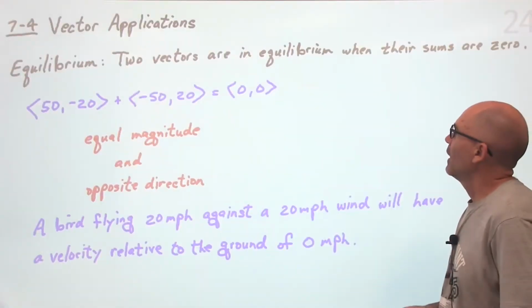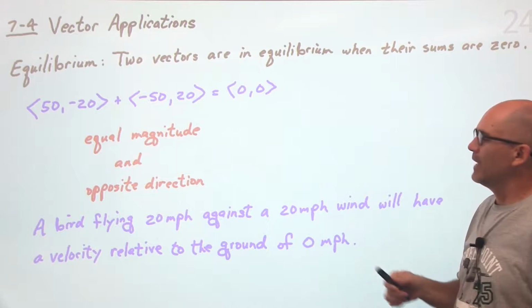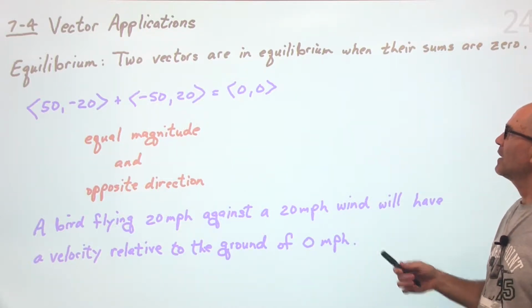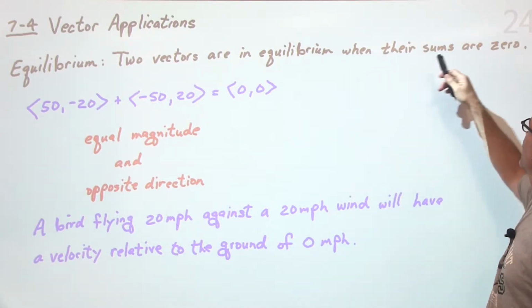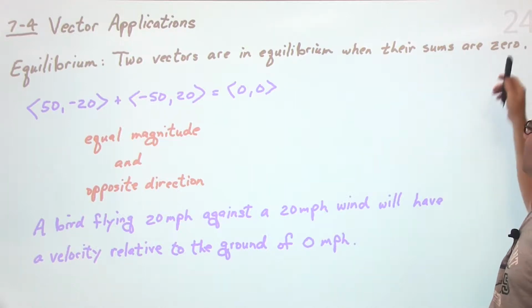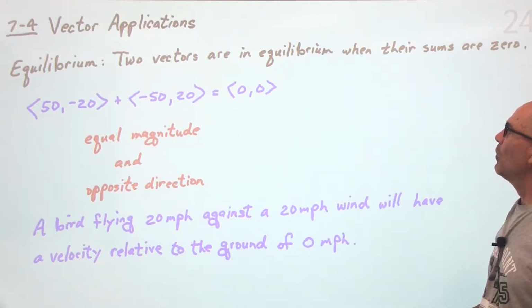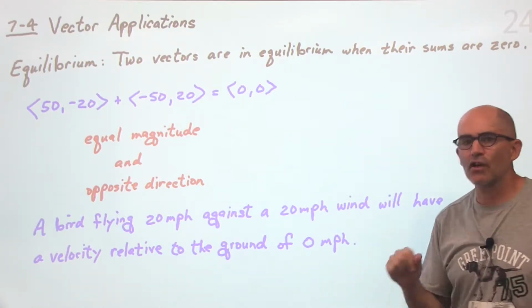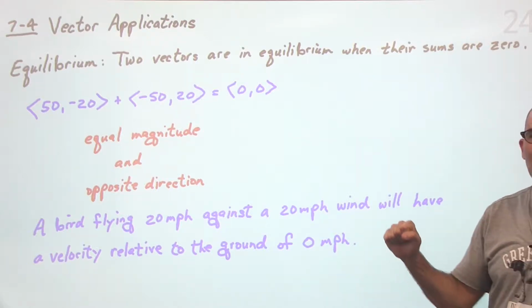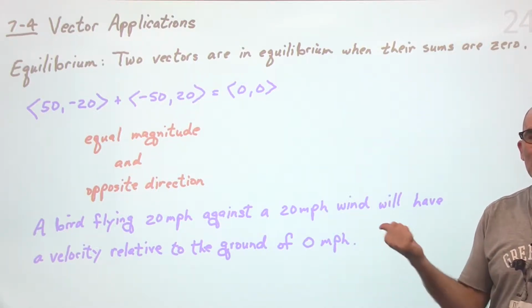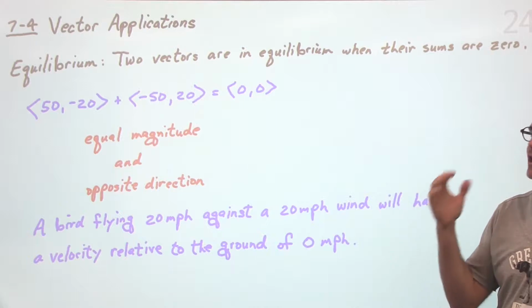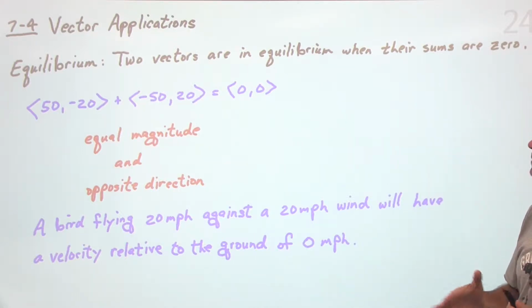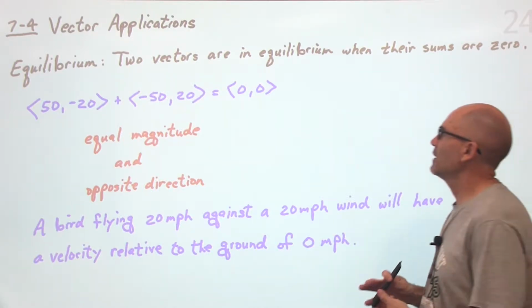All right, so equilibrium in vectors means that the two vectors have a sum of 0. So basically it's like the tug of war between two teams where it's equal force, opposite direction, there's no motion at all. So here's an example.